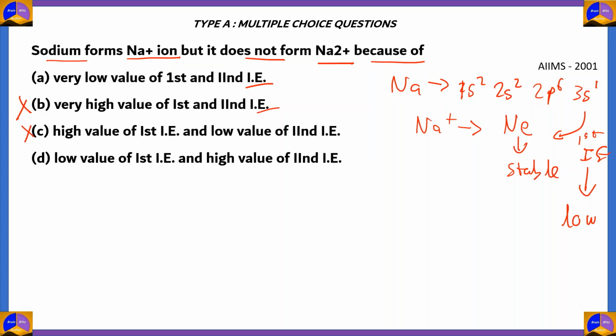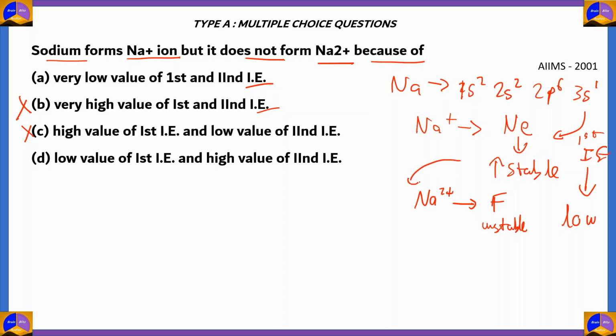What about the value of the second ionization energy? Now, Na+ has the same configuration as neon, which is stable. However, if we were to remove another electron, it will be difficult because then the configuration will be that of fluorine, which is highly unstable. Moreover, you're trying to remove an electron from a stable configuration, which requires tremendous energy.